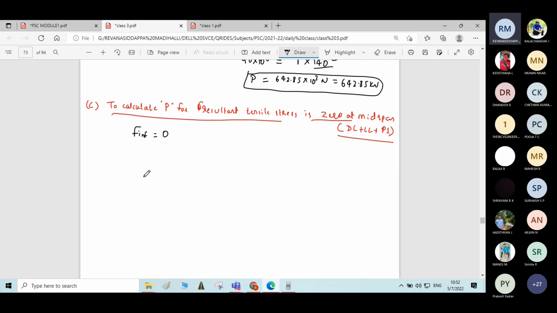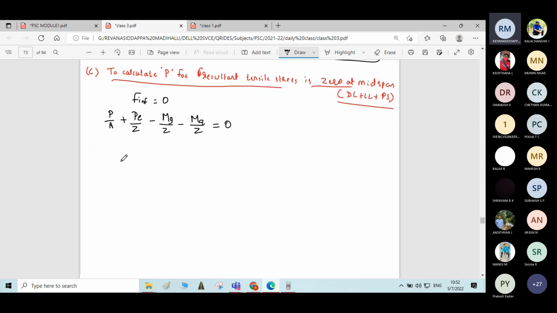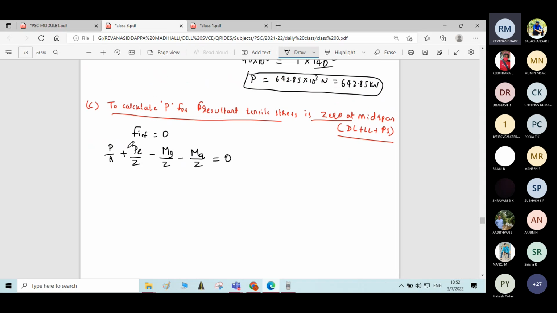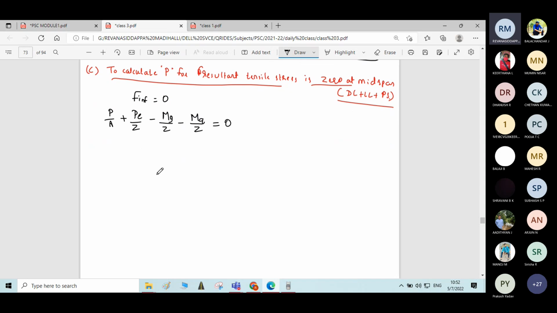We know the formula for this F inferior: P by A plus PE by Z, then minus MG by Z minus MQ by Z is equal to 0. Now P is the unknown parameter that we have to find. Rest of the parameters we can calculate.